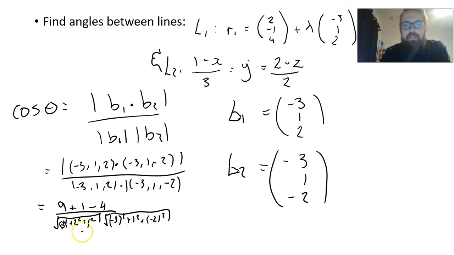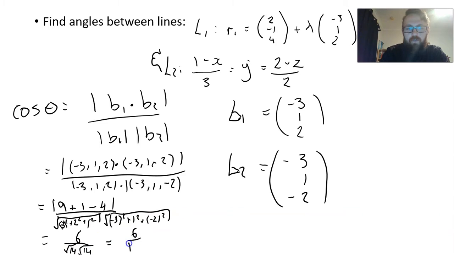These are actually going to be the same. So 9 plus 1 is 10, take 4 is 6, divided by 3 squared, 9, plus 1 squared, 1, plus 2 squared, 4, is 14, so the square root of 14. And the same on this side, that's going to be the square root of 14 as well, which is actually equal to 6 over 14.